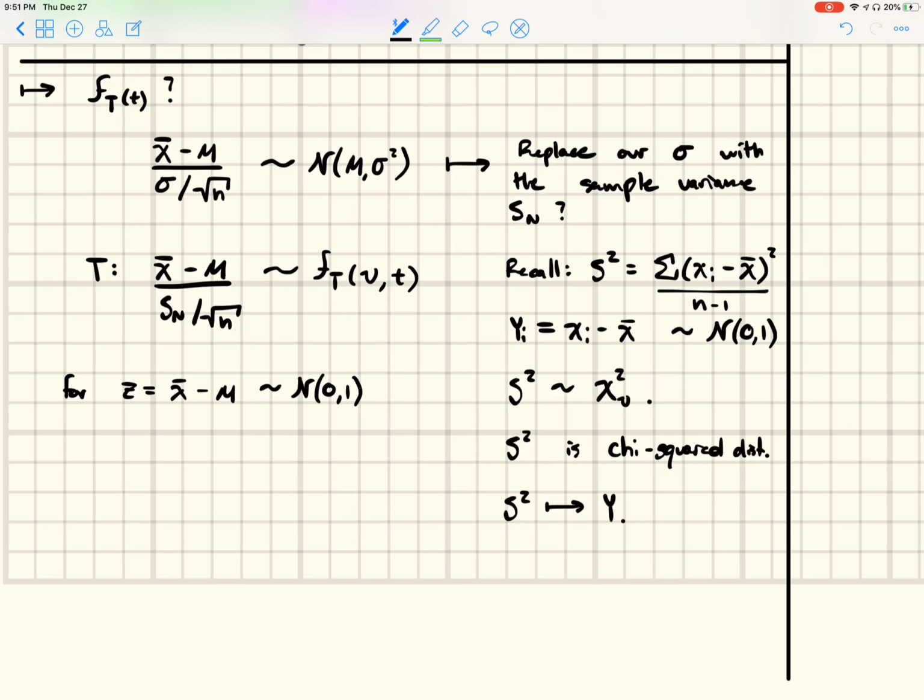And in that sense, if s squared is distributed according to the chi-squared distribution with v degrees of freedom, and we're calling s squared y, then we can rewrite the t statistic as z over the square root of y over n.